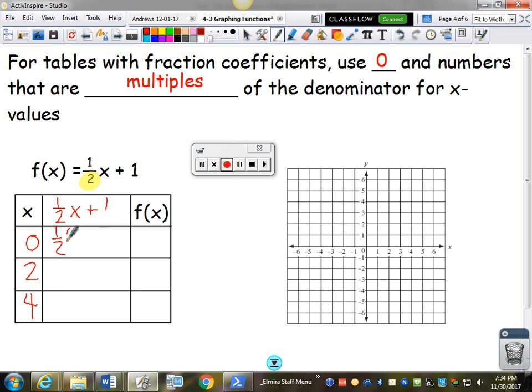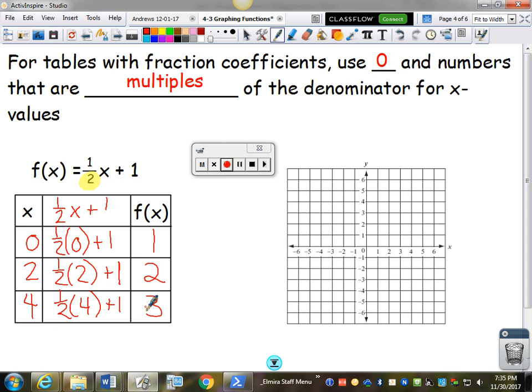So 1/2 times 0 plus 1, 1/2 times 2 plus 1, 1/2 times 4 plus 1. So half of nothing is still nothing. Plus 1 is 1. Half of 2 is 1. Plus 1 is 2. Half of 4 would be 2. 2 plus 1 is 3.